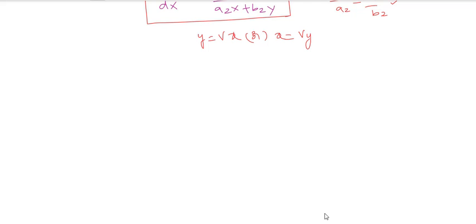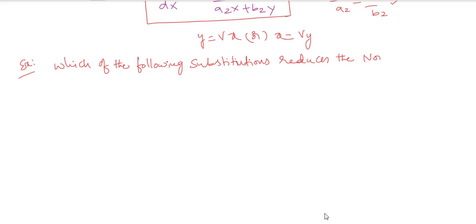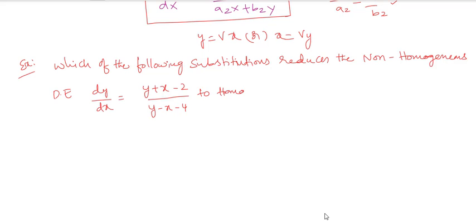Which of the following substitutions reduces the non-homogeneous differential equation dy by dx is equal to y plus x minus 2 divided by y minus x minus 4 to homogeneous form?